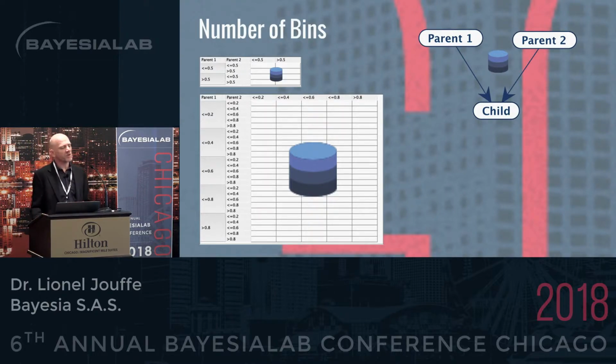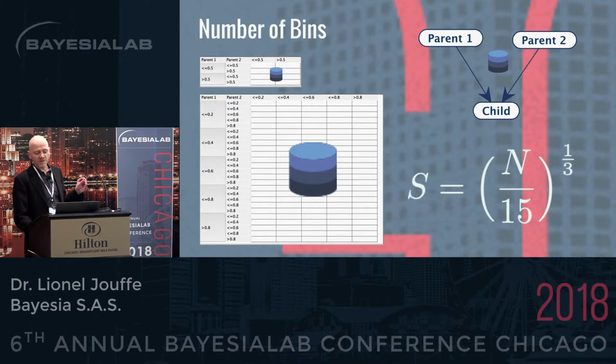So here there is a heuristic we have been using for a few years, which is the one used in the statistical community to have 5 samples per parameter, except that we don't have any parameter in the Bayesian network. So the idea is to, at the end of the day, try to have 5 samples per cell in the biggest probability table you have in your network. So you can use this heuristic in reverse in order to define the number of bins you can have, right? So this is what we came up with.